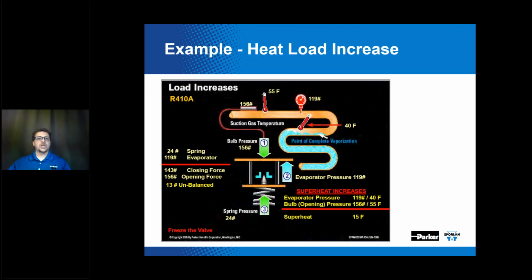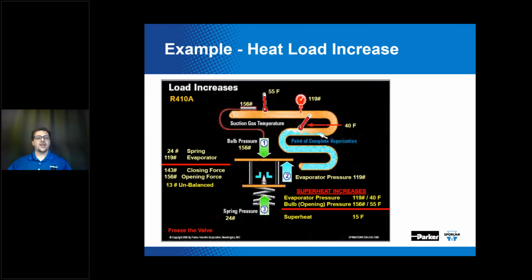So the first thing I want you to notice is that the point of complete vaporization moves closer to the inlet of the coil. The point of complete vaporization is where all of that liquid has boiled off into a vapor. When you move that point closer to the inlet of the coil, you now have more effective evaporator surface area in which the refrigerant vapor can pick up superheat before the sensing bulb.